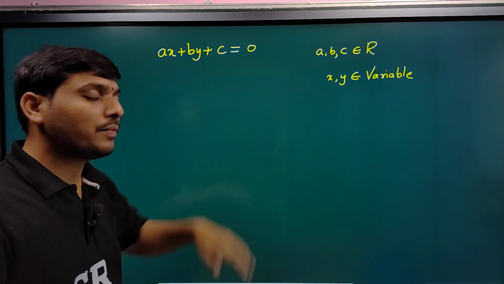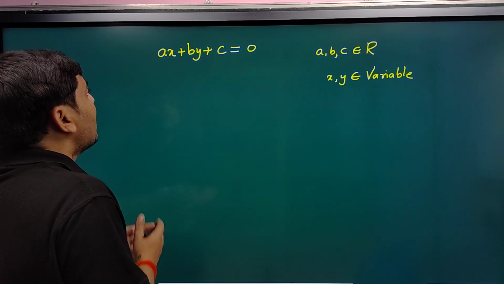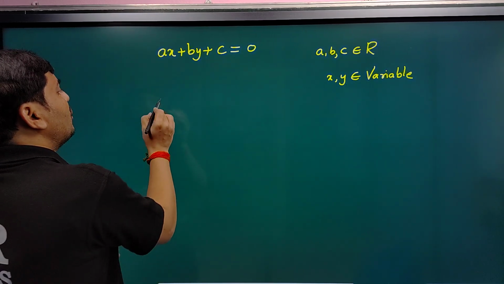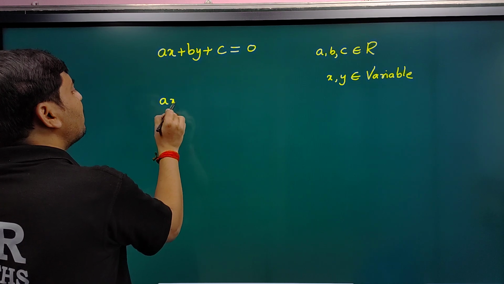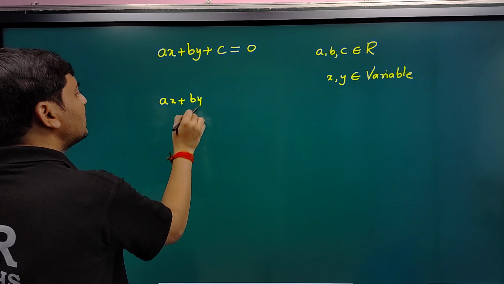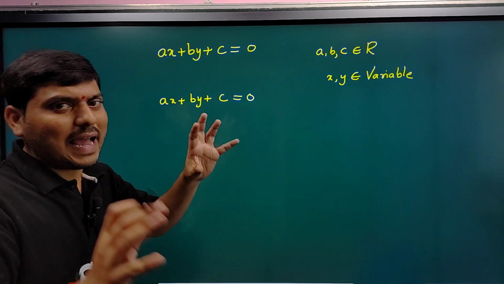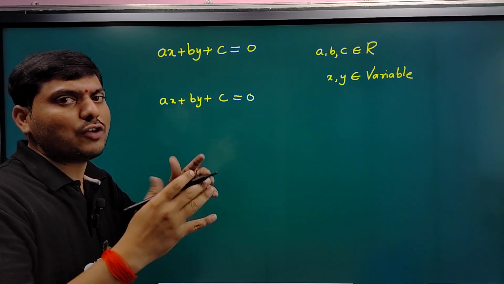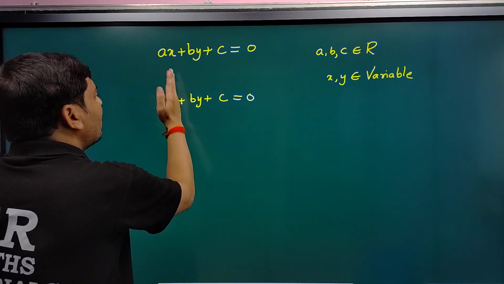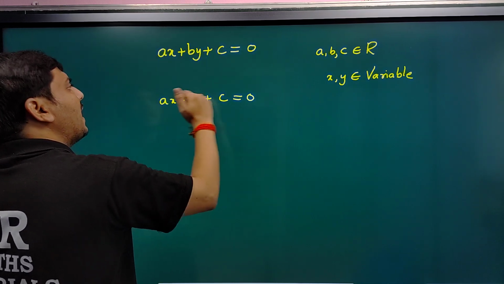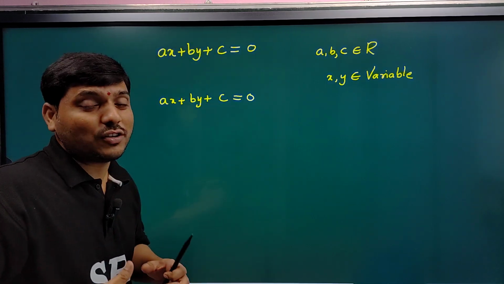Now, whenever two equations are given, like ax + by + c = 0 and one more equation, the x coefficient, y coefficient and constant are the same in both. The x coefficient is a, the y coefficient is b, and the constant is c.